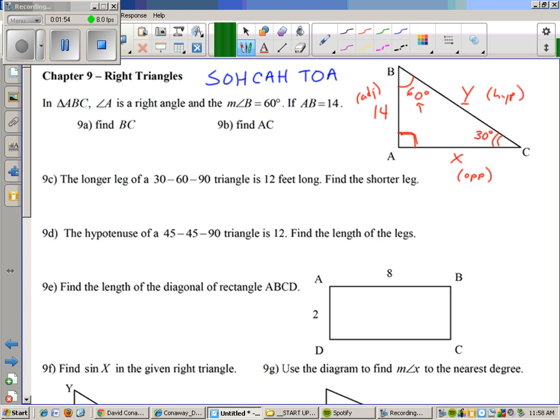So using trig, I'm going to want to include adjacent and hypotenuse, which means I'm going to go to cosine. So cosine of theta equals adjacent over hypotenuse. In this case, theta is 60 degrees, so the cosine of 60 degrees is equal to adjacent, which is 14, divided by hypotenuse, which is y.